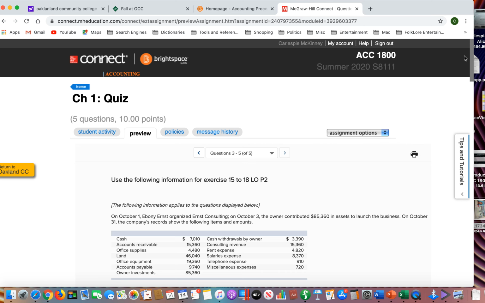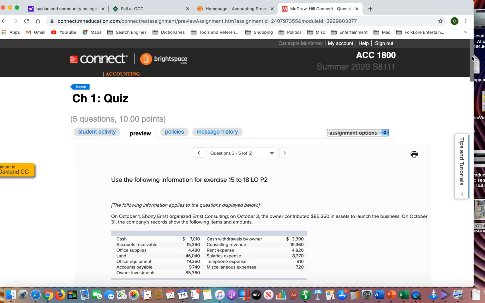That's the investment the owner made. And at the end of the month, this is what you have here. The business began on October 3, and on October 31, we end up with this information. This is what has happened during that 28-day, four-week period.